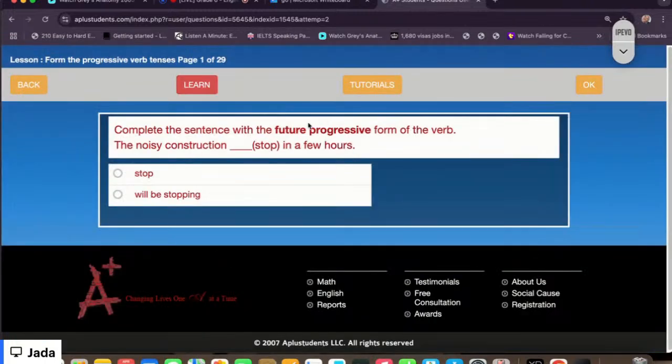All right, so future progressive. The noisy construction stop in a few hours. What's the right one here?